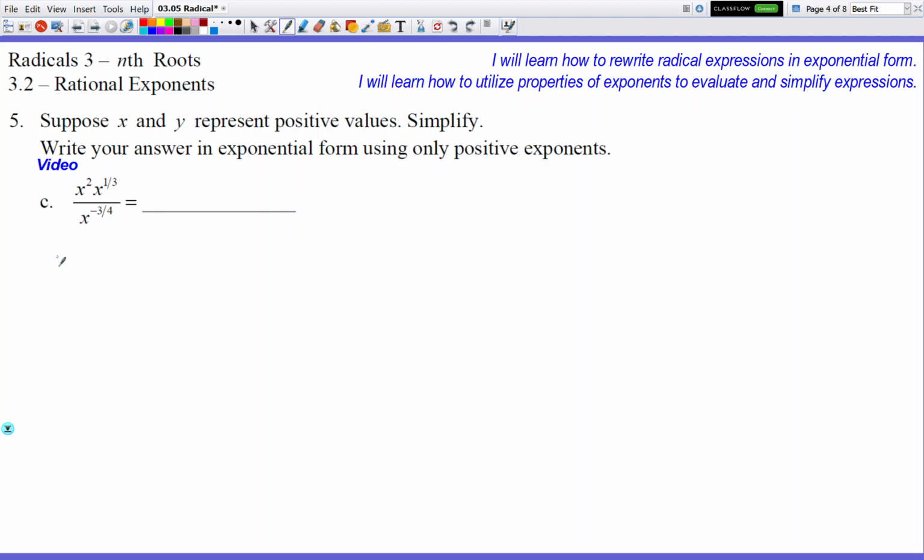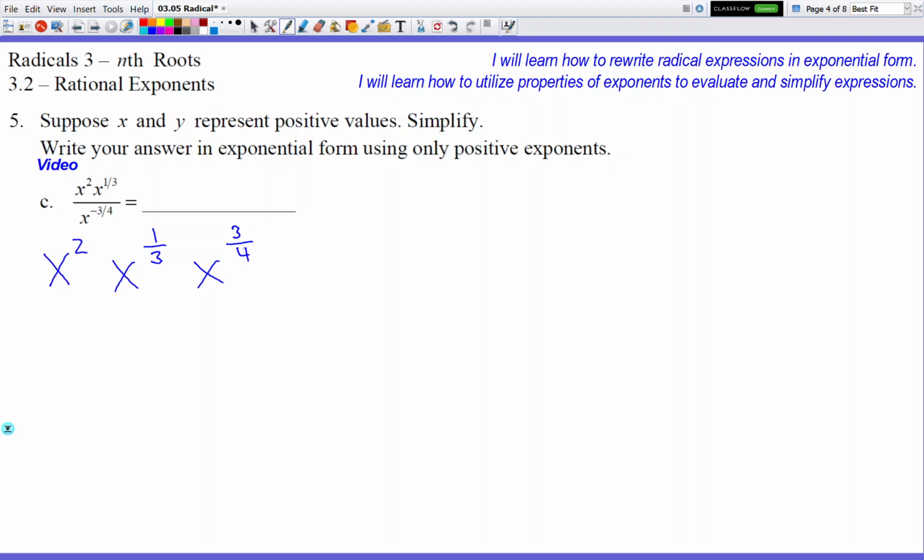So when this problem gets rewritten, it's going to look like this. X squared times x to the 1/3 times, oops, I'm not going to write the dot, because I didn't write it for the previous one, so just erase that dot, times x to the 3/4. So notice how your negative next to the 3/4 is gone.